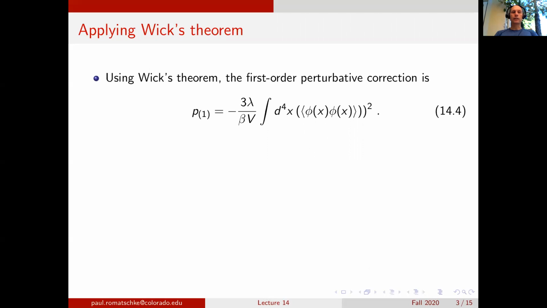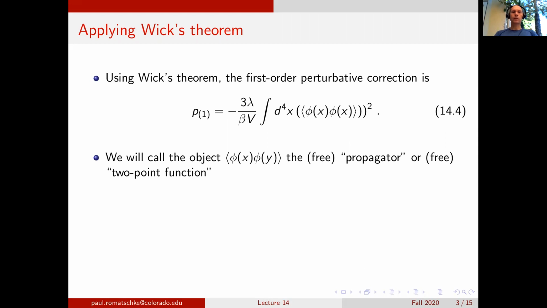In the last lecture, we discussed a theorem, namely Wick's theorem, that let us recast this first order perturbative correction as an integral that involves the expectation value of only 2-point functions. We will call this object that appears in these 2-point functions, which involve two insertions of the field phi, the free propagator or free 2-point function.